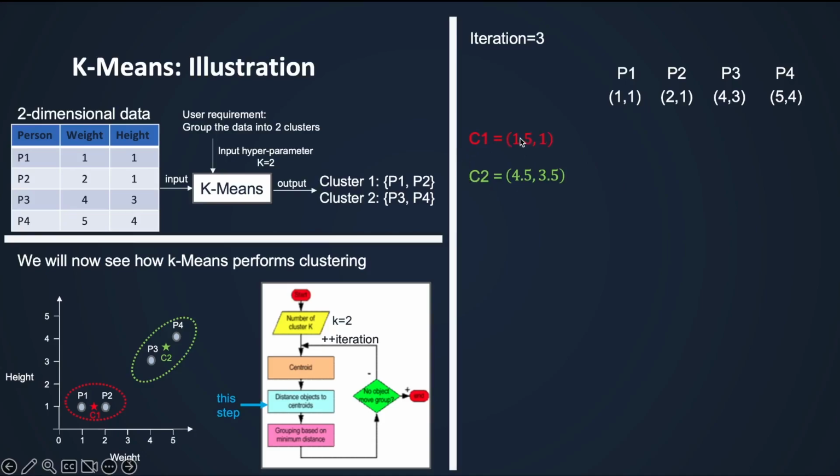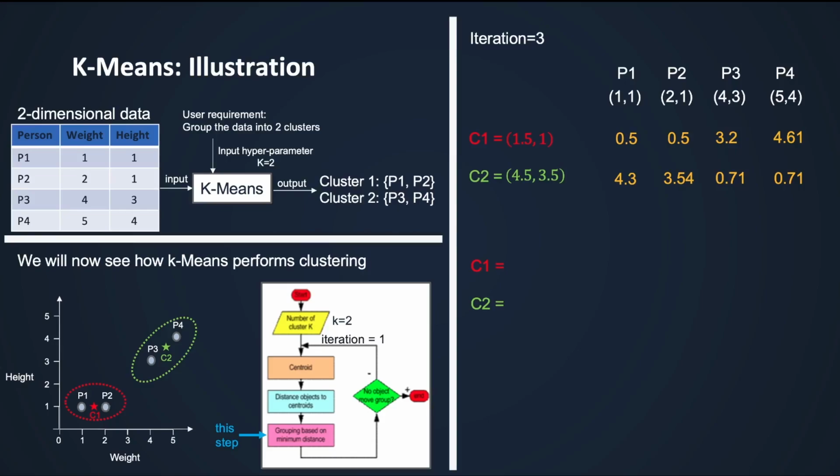We choose the new centroids and then calculate the distances between all the points and every centroid. After calculating the distances, we move to the next step, grouping the points to each cluster based on the minimum distance. So, we have the centroids C1 and C2.